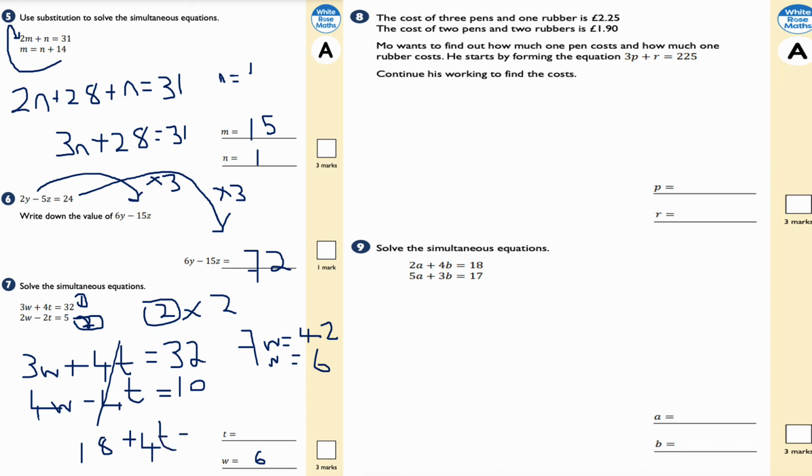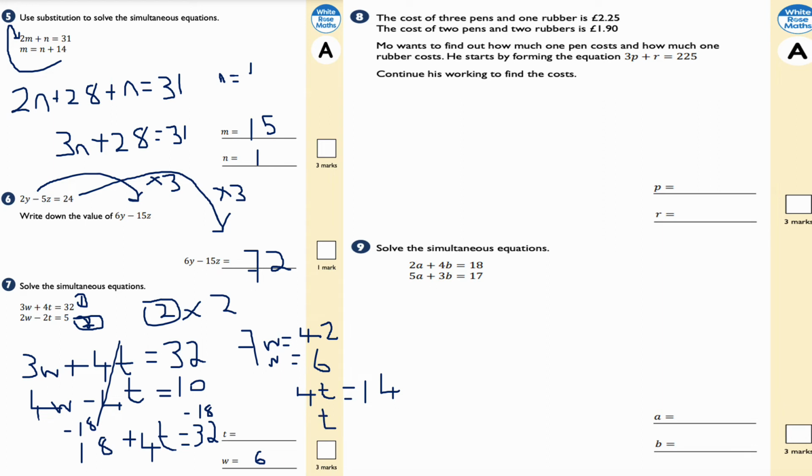I get 4t is equal to 14, sorry, not 16, guys. 32 take away 18 is equal to 14. Just changing my answer here.